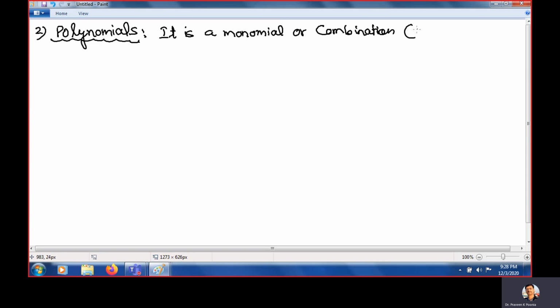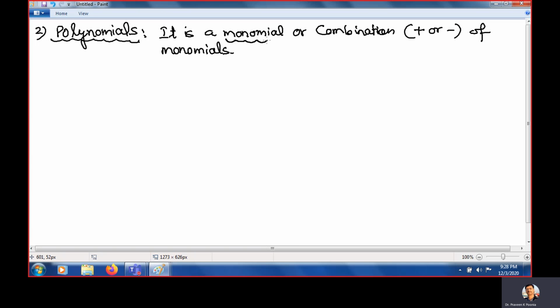Combination means what? Plus or minus, the sum or difference of monomials is called a polynomial.